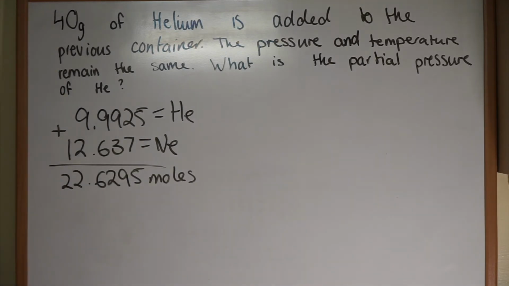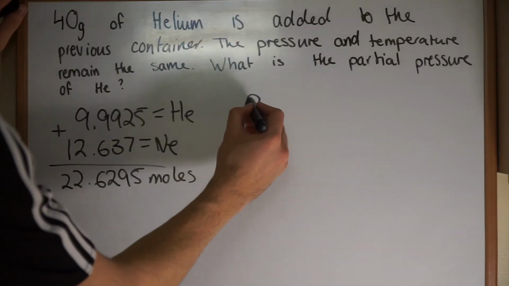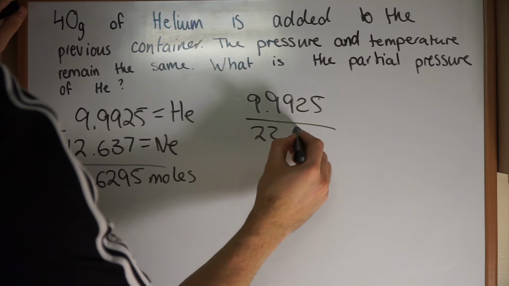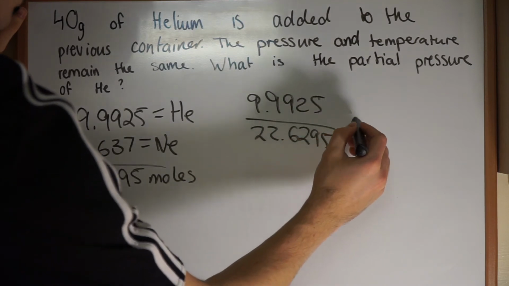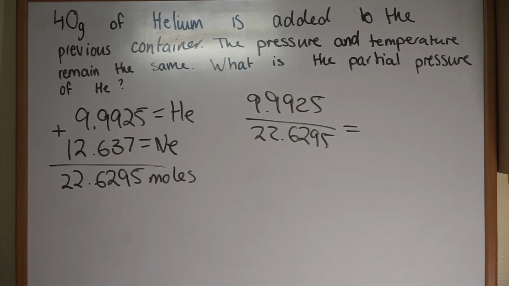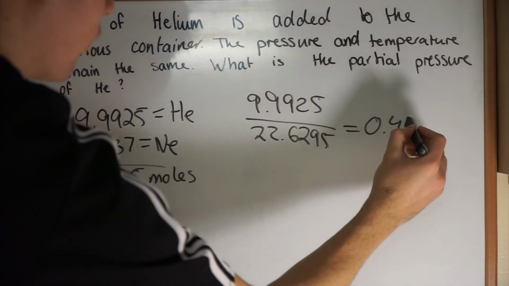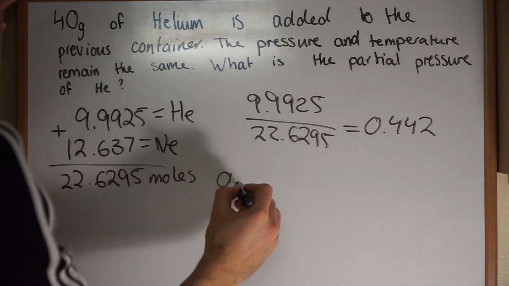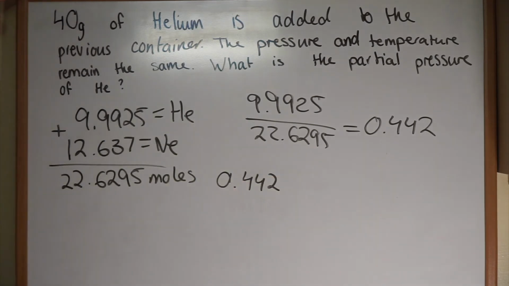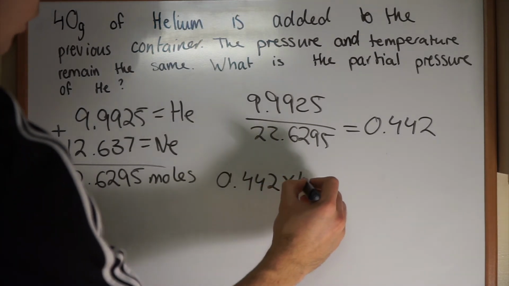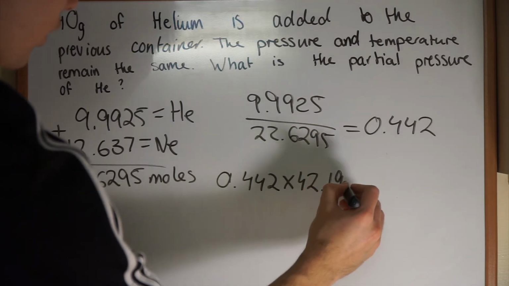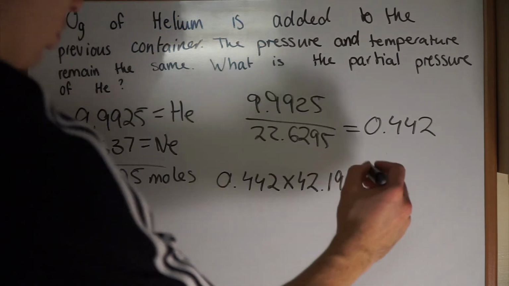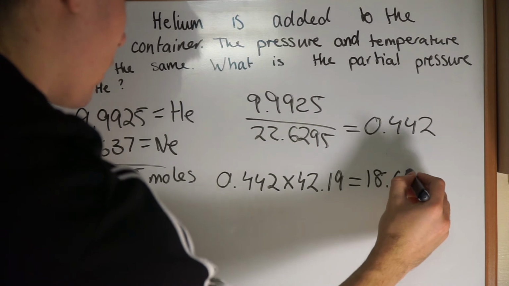The next step is to calculate the mole fraction of helium, and that will be 9.9925 divided by 22.6295, which should, if you put that into a calculator, equal 0.442. The last step is to times this by the pressure. Now we already know the pressure from the previous question because we worked it out, and that is 42.19 atmospheres, meaning the partial pressure of helium in the container should be 18.65 atmospheres.